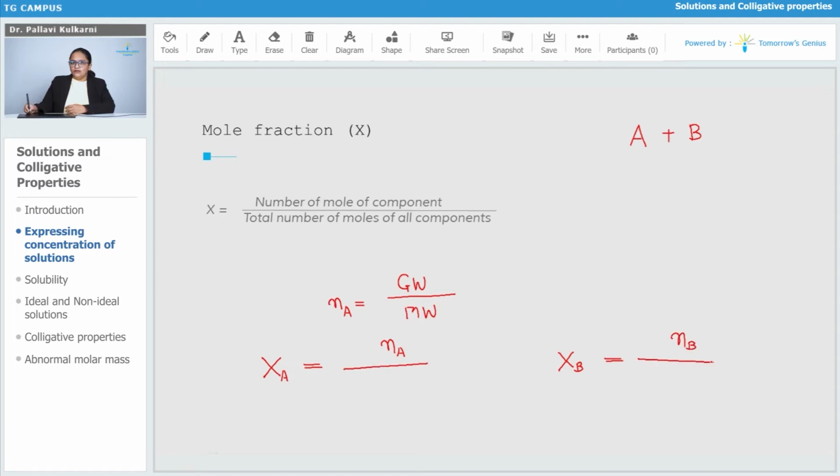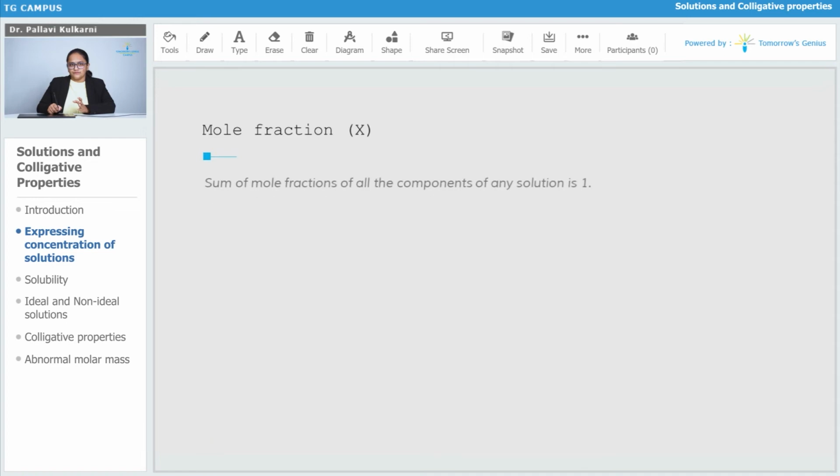The denominator for both of them will be the same, that is the total number of moles of all components, Na plus Nb. So this is what the mole fraction is. It is the ratio of a particular component to the sum of the parts of all components present in the solution.